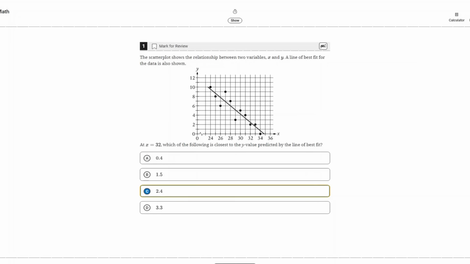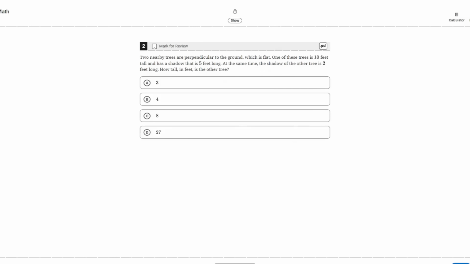3, it is 2.4. Next, two nearby trees are perpendicular to the ground, so their position to the ground is the same. One of these trees is 10 feet tall and has a shadow that is 5 feet long, and the other tree has a shadow of 2 feet long. How tall in feet is the other tree? So since their position is the same, their shadow length proportion must be the same.